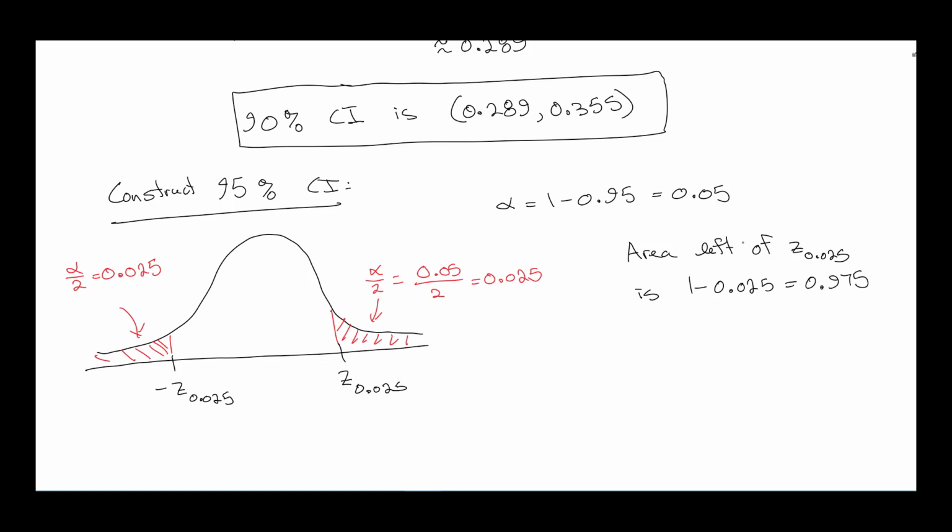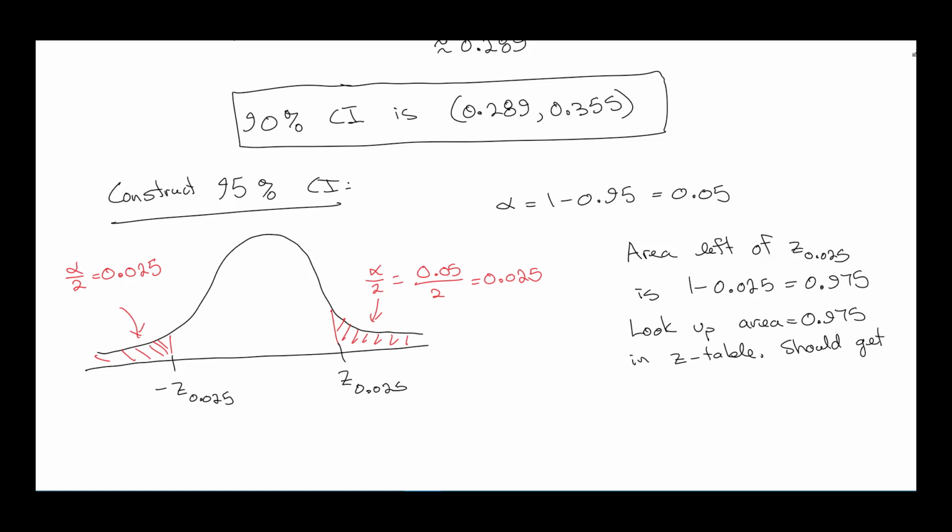So what you would do is you would look up area equals 0.975 in our z table, and then we'll pull off the z value just like we did before.